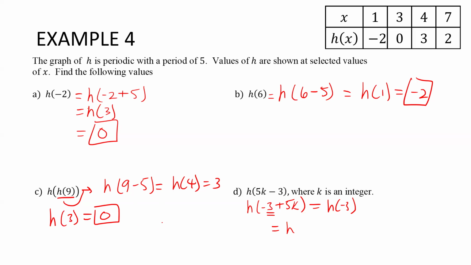Okay. So here in this case, I'm going to model both and you can choose whichever one. So you can do -3 plus 5 times 2, or you can do 7 minus 5 times 2. Does it matter which one you do?